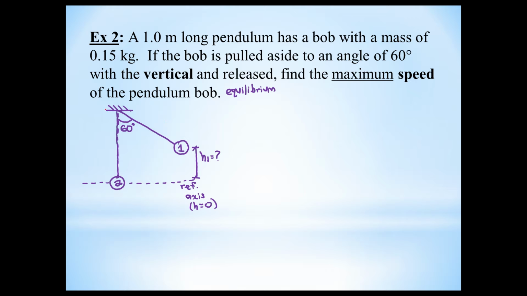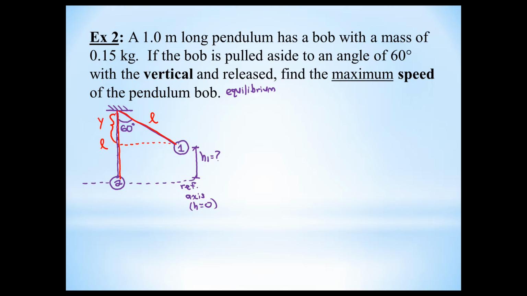Okay, here's what I know. This length here is the length of the pendulum L. This length here is also the length of the pendulum L. I'm going to draw a horizontal line from here that's going to go across and intersect that vertical line at a 90-degree angle. Then I'm going to use some simple trig to calculate this tiny height here.